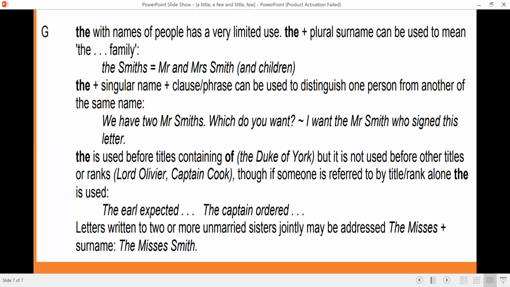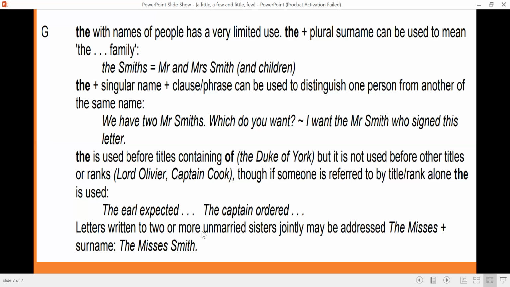You cannot use the Captain Cook. You will simply say the captain ordered, the captain said, the Earl expected. You will not say the Earl Smith said. You will simply say the Earl expected, and you will not say the captain Tom ordered. You will simply say the captain ordered.